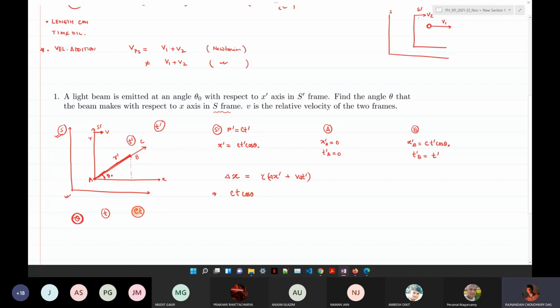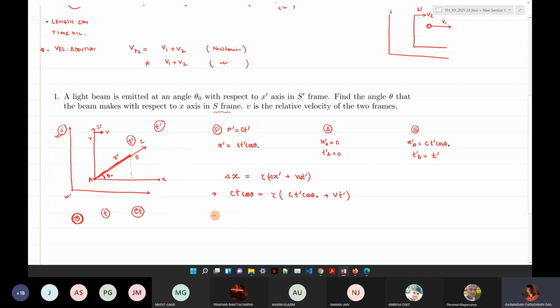Here we have utilized the fact that the speed of light is constant in both frames. If the particle had some different velocity, we would have to write that different velocity, but it's given clearly that this is the speed of light. So c t cos theta can be written as gamma times (c t prime cos theta 0 plus v t prime).